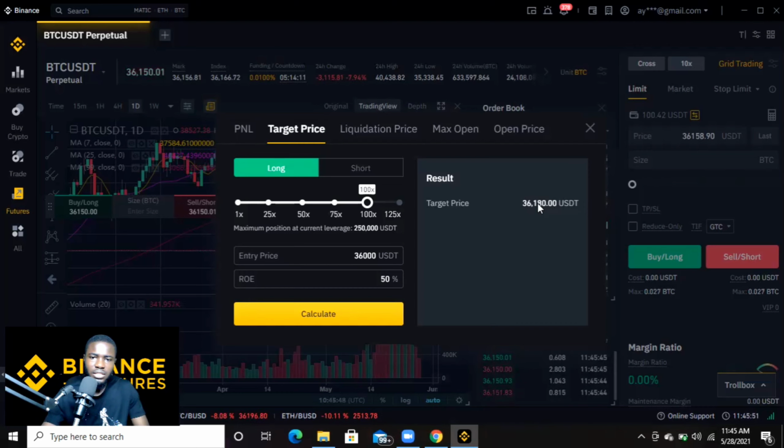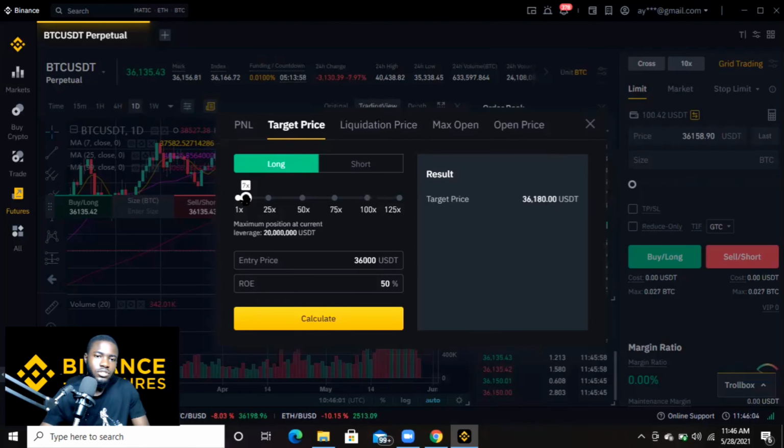It's just $180 that BTC has to go up. But in the same vein, because I'm using 100 times leverage, I'm going to be facing much more risk, which I don't advise for anyone just getting into futures. Trade responsibly, guys. So it's just like when you are basically told to drink responsibly, right?